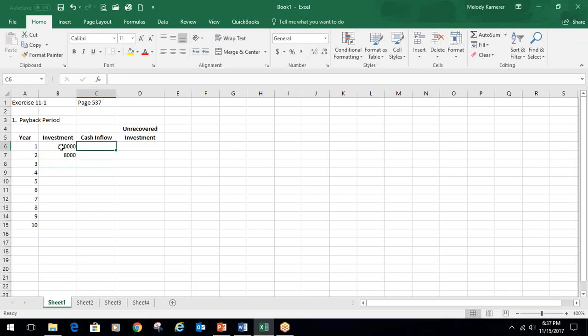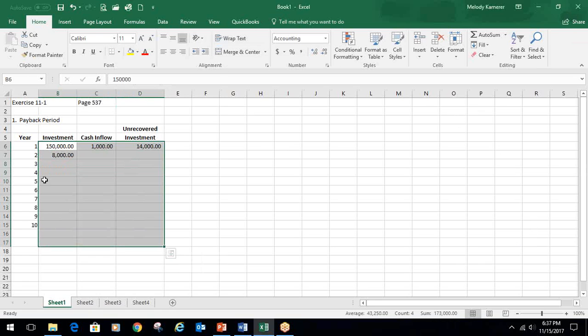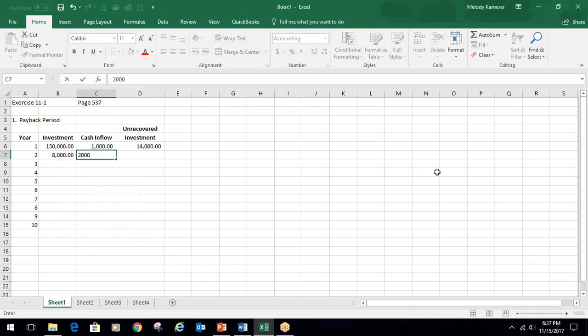In year 1, our cash inflow is $1,000. So our unrecovered investment at that point would be $14,000. Let me make these cells so they're actually showing us dollar amounts. In year 2, our cash inflow is $2,000.